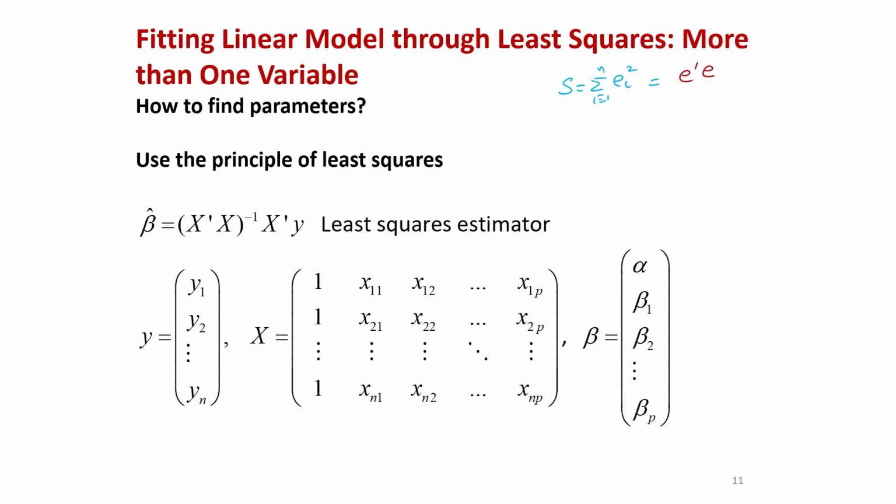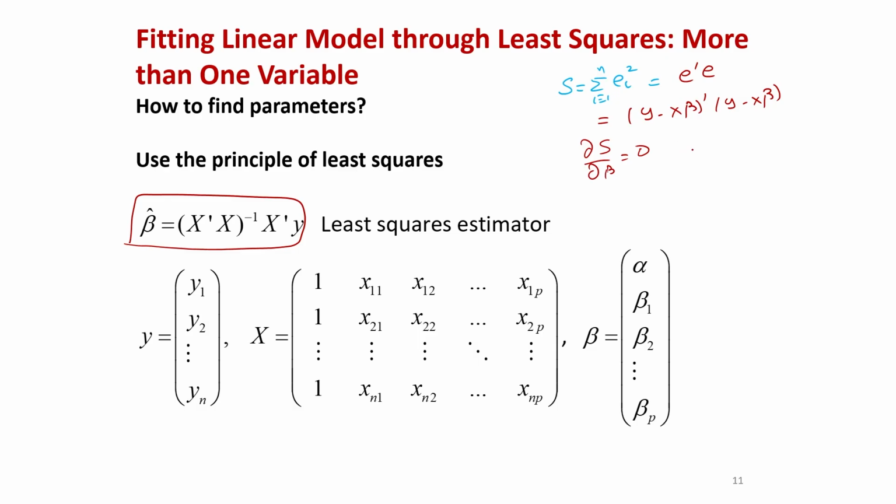So I write y minus x beta transpose y minus x beta, but you have to be careful now: y is a vector, x is a matrix, and beta is a vector. Then I differentiate with respect to beta and put it equal to 0. Then I get beta hat as x transpose x whole inverse x transpose y.